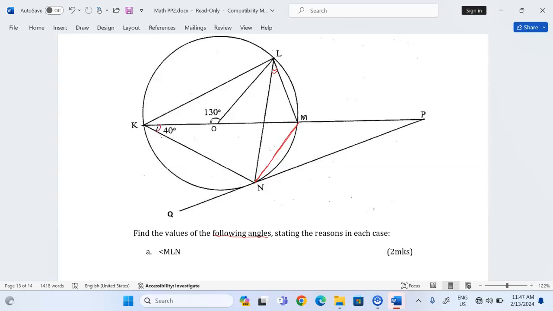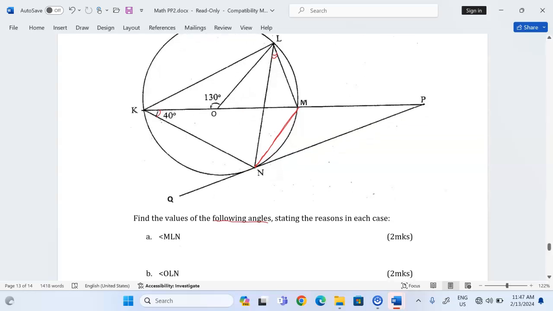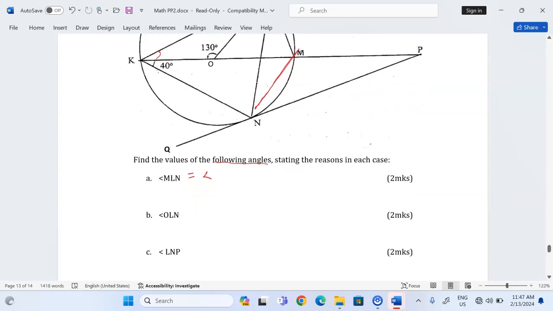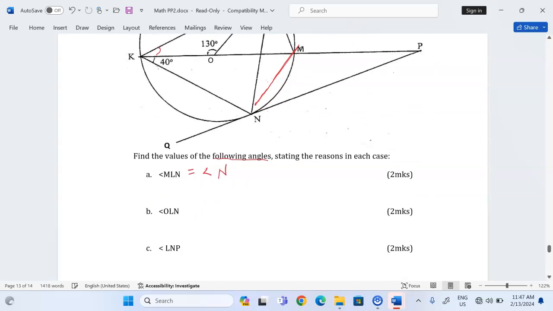And the same chord is subtending the angle that we need to get. Therefore, we should simply conclude that the angle MLN is equivalent to the angle NKM, which is equivalent to 40 degrees.